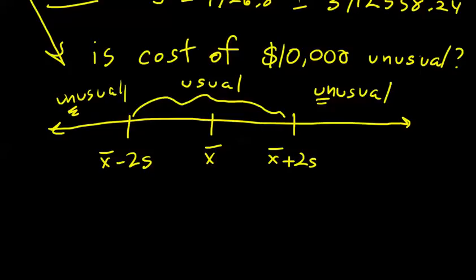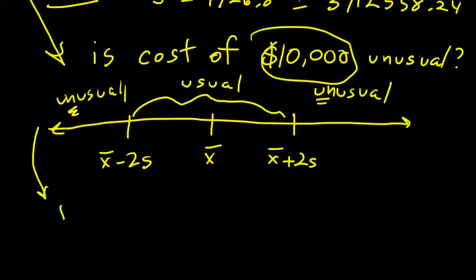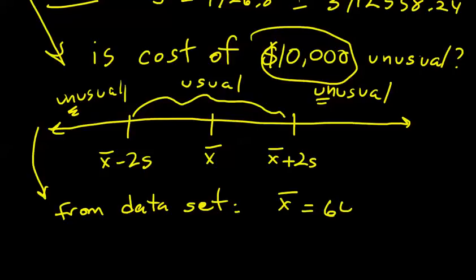Okay. All right. How am I going to apply that to this problem? Is $10,000 unusual? Well, let's see. From the data set, using the TI-83/84, we can find that the sample mean of all those crash repair values is $6,412, and we know the standard deviation, as we calculated before, was $1926.8.